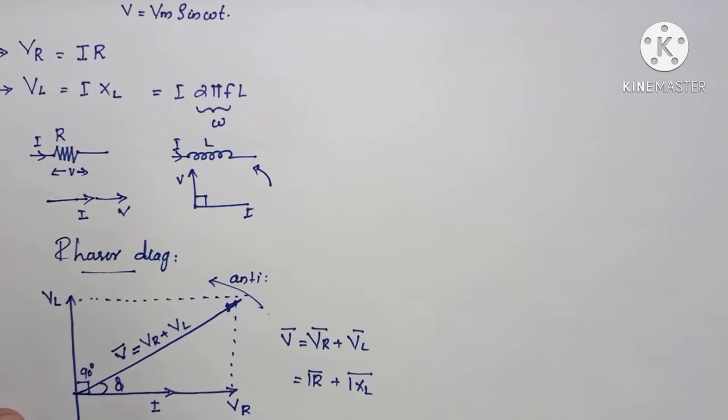So in a pure RL series circuit, the effect of the inductor is much higher than that of the resistor, because in the case of a pure resistor, voltage and current will be in phase with each other, and in the case of a pure inductor, the voltage leads or the current lags by an angle of 90 degrees.